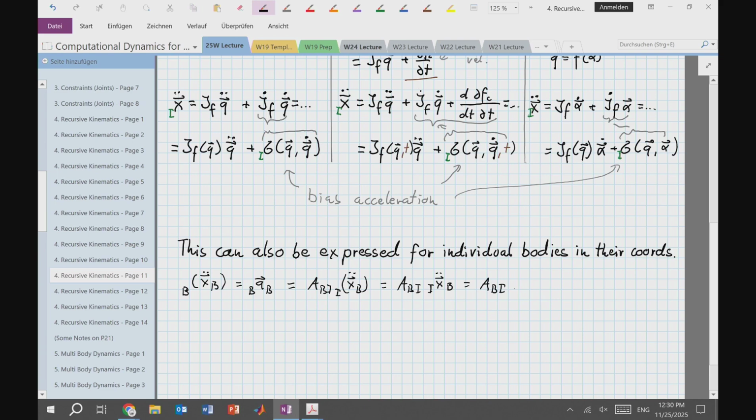And now I can write this as A_BI times this x that we've expressed in I coordinates before. I can write this as J_F times q double dot plus, of course, again some bias acceleration that we get through the sigma b.